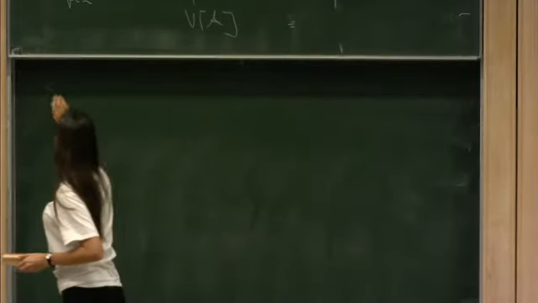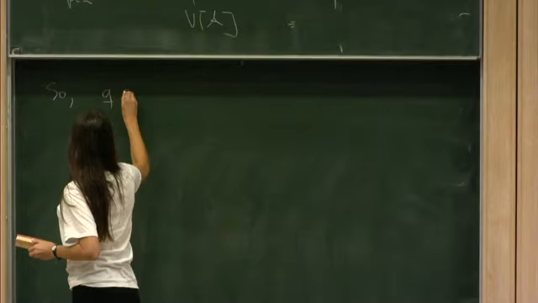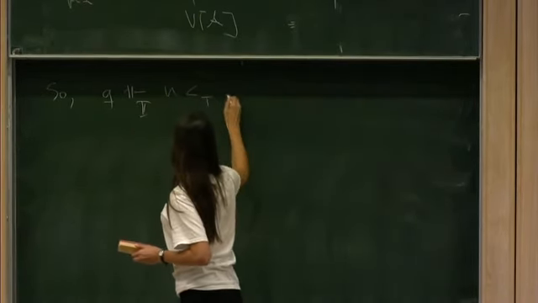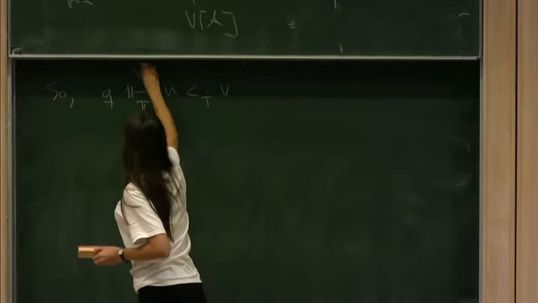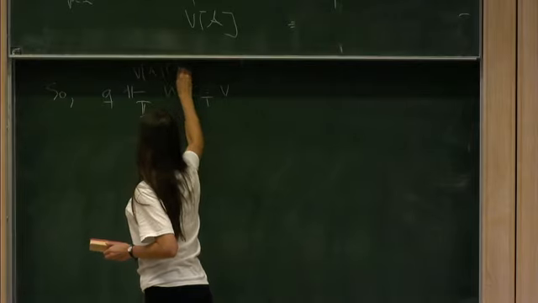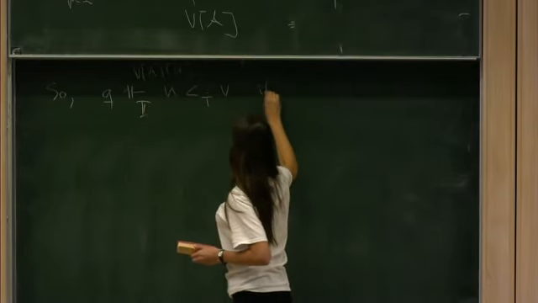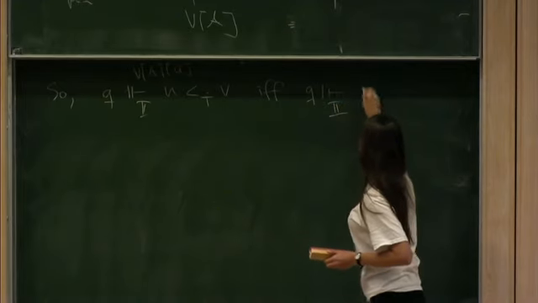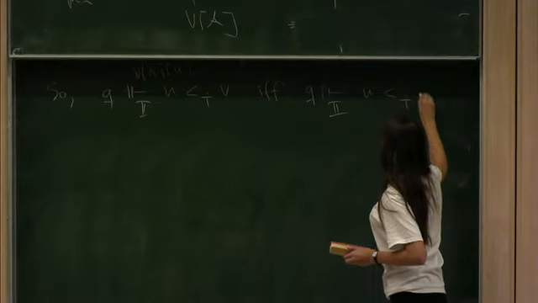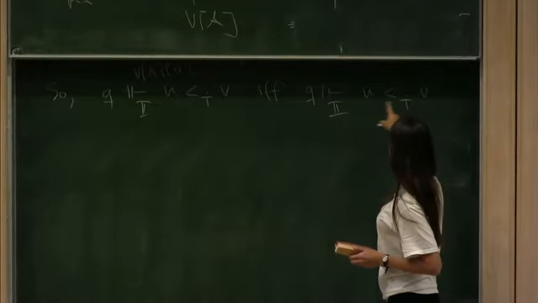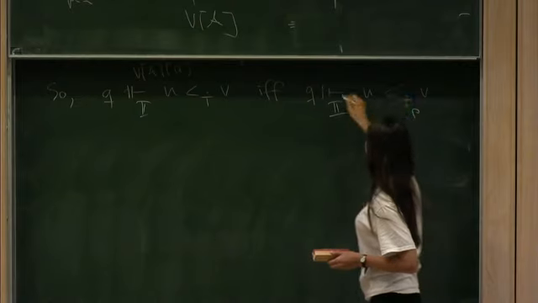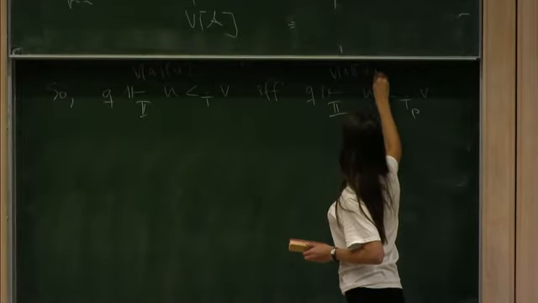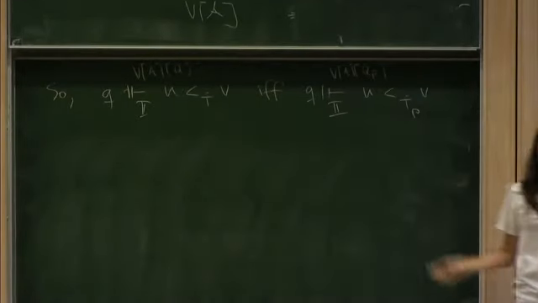So in particular, Q forces U less than T sub dot V over VA Q if and only if Q forces not A, U less than T sub P V over V A QP.